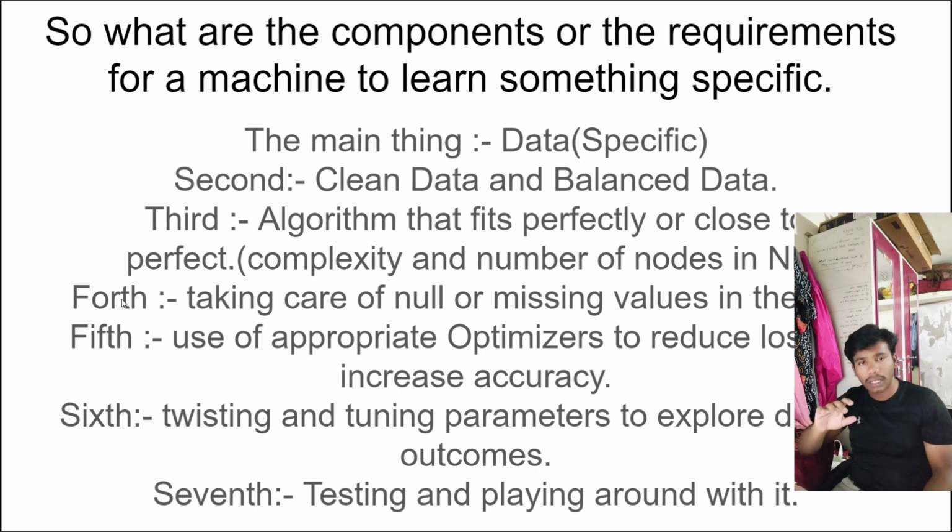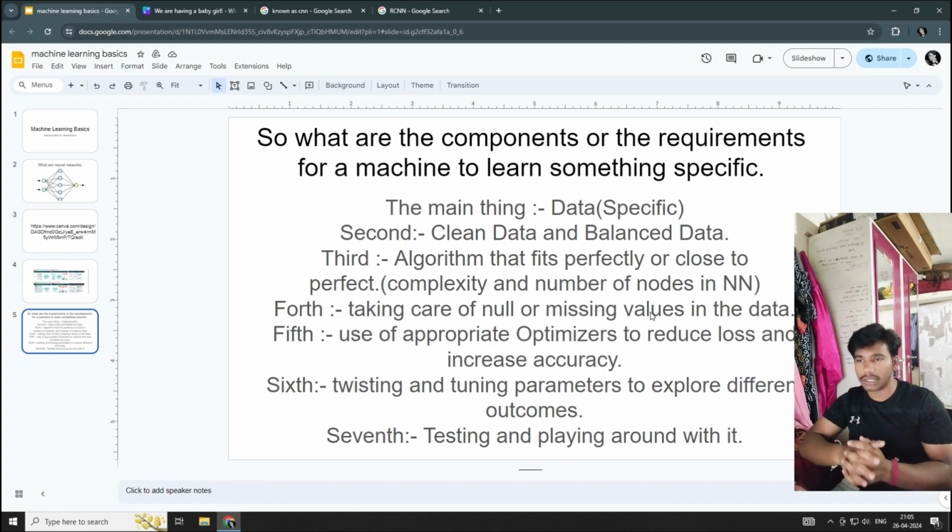we have to take care of the null values, or we can say the missing values, in the data. We have to sort all that out before feeding it to the machine, so that the machine can generate a good accuracy. This also happened with me when I was working on the churn data a week ago.